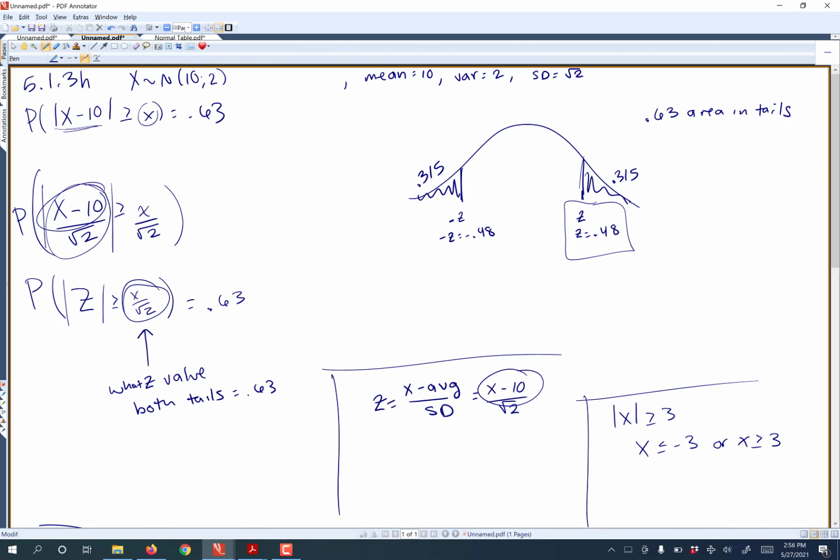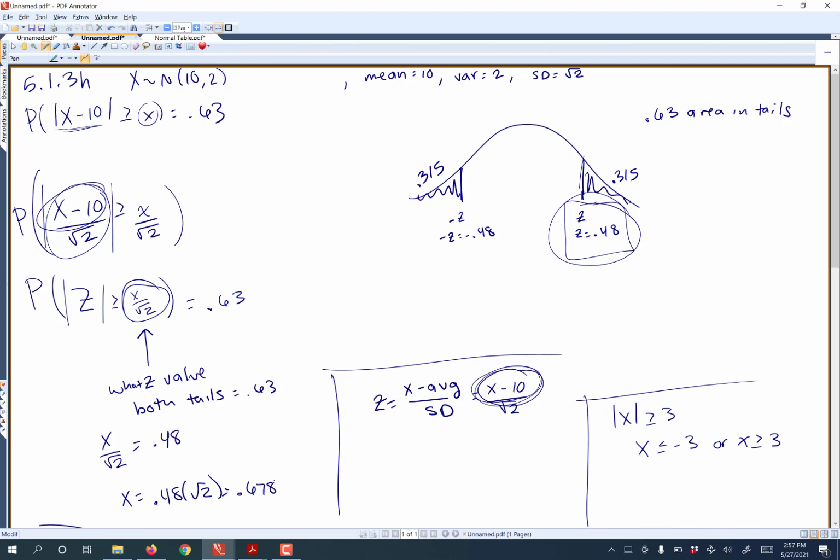This would have been a much harder problem if it hadn't just been 10. They wanted you to recognize x minus 10 as what it would be if I was finding a z value for something in this problem, and then you could just divide by square root of 2 to finish standardizing. So what z value had 0.63 in both tails? Well, we already found that. That's z equals 0.48. So let's set x over square root of 2 equal to 0.48, because that's what would make it work. Then if we solve this, x is going to be 0.48 times the square root of 2, and we get 0.678.